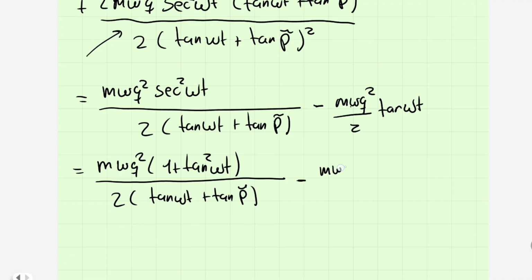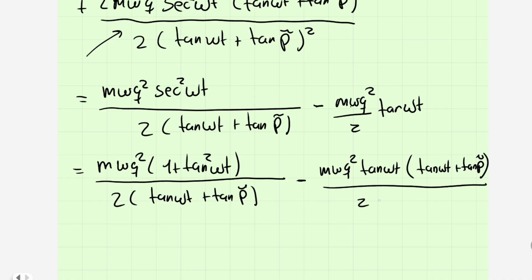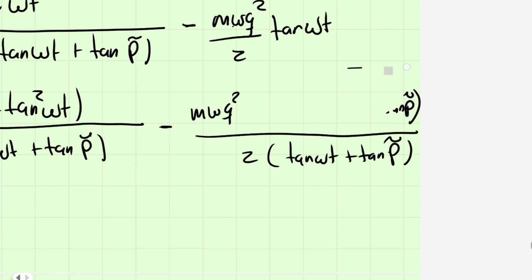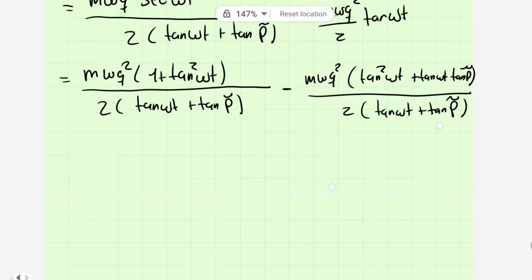So we will get m omega q squared tangent omega t times tangent omega t plus tangent p tilde, and then 2 tangent omega t plus tangent p tilde here. Okay, here we can multiply this element with these two elements in the brackets to get tangent squared omega t plus tangent omega t tangent p tilde. Okay, perfect.